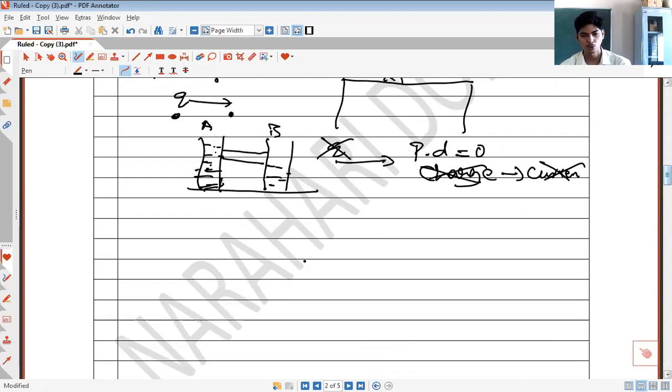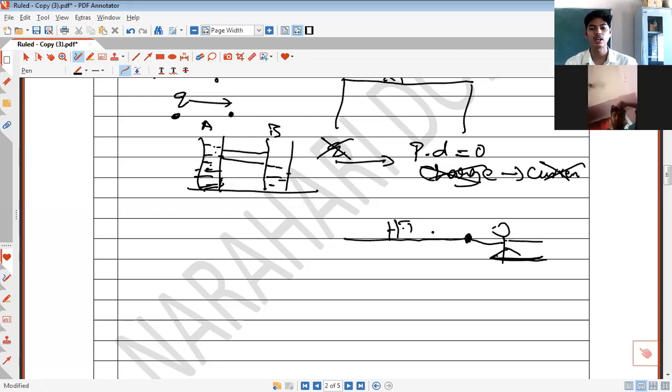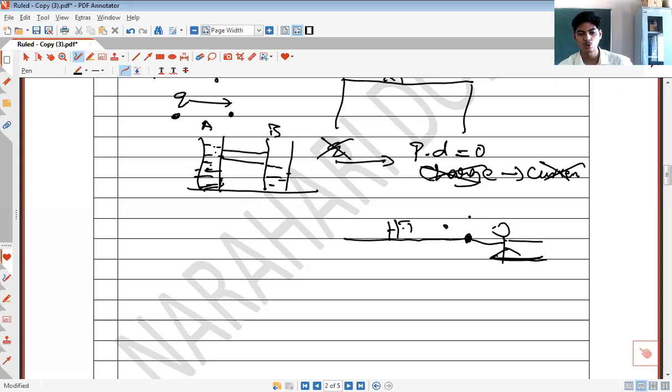Suppose this is a high tension wire, and if a person is standing on the terrace of a building, and if he accidentally happens to go in contact with this high tension wire, this high tension wire is at a high voltage of about 11,000 volts, and the ground is supposed to be at 0 volts.